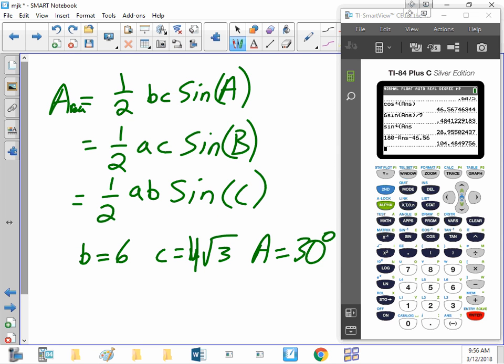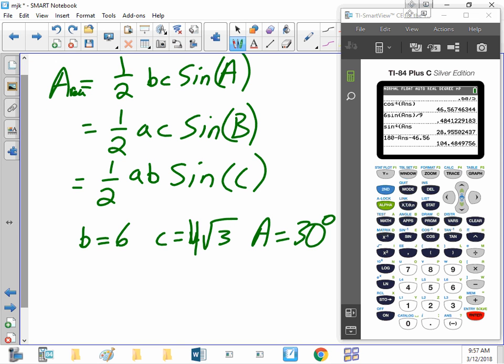The one with angle A. So once again, the angle chooses the formula for us. So the area of this triangle is simply 1/2 times 6 times 4 times the square root of 3 times the sine of 30 degrees.